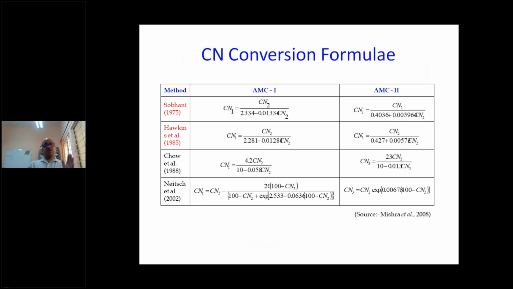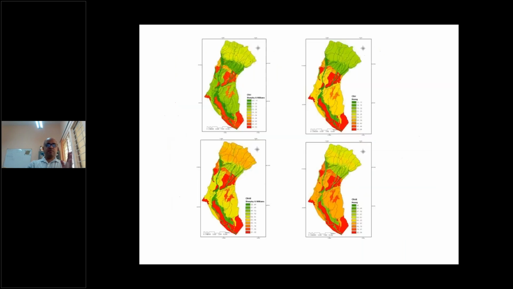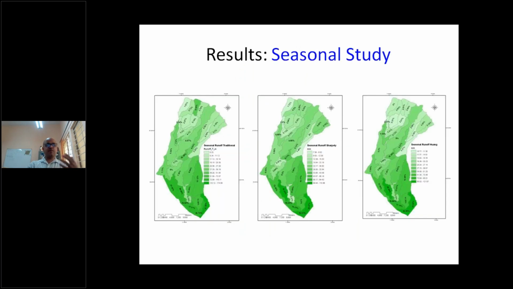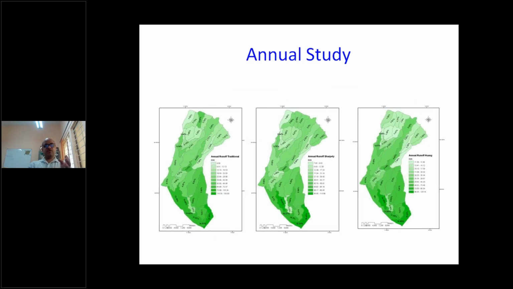Now using these two formulas, we have converted curve number 2 to curve number 1 or curve number 2 to curve number 3 based on the antecedent moisture condition. So these are the maps of curve number 2, curve number 3, and curve number 1. Then these are the daily rainfall maps, annual and seasonal rainfall maps, and this is the annual seasonal runoff map. So this was the seasonal map, this was the annual map.